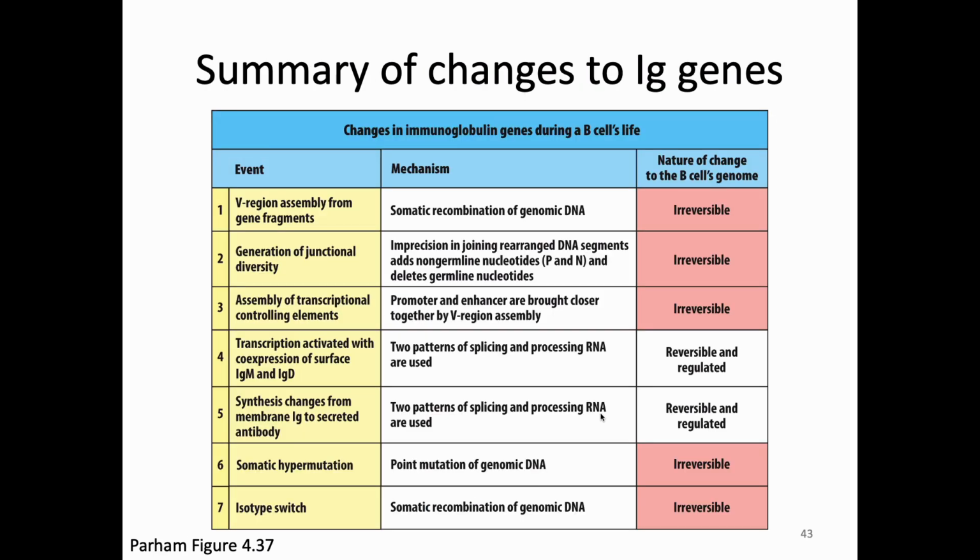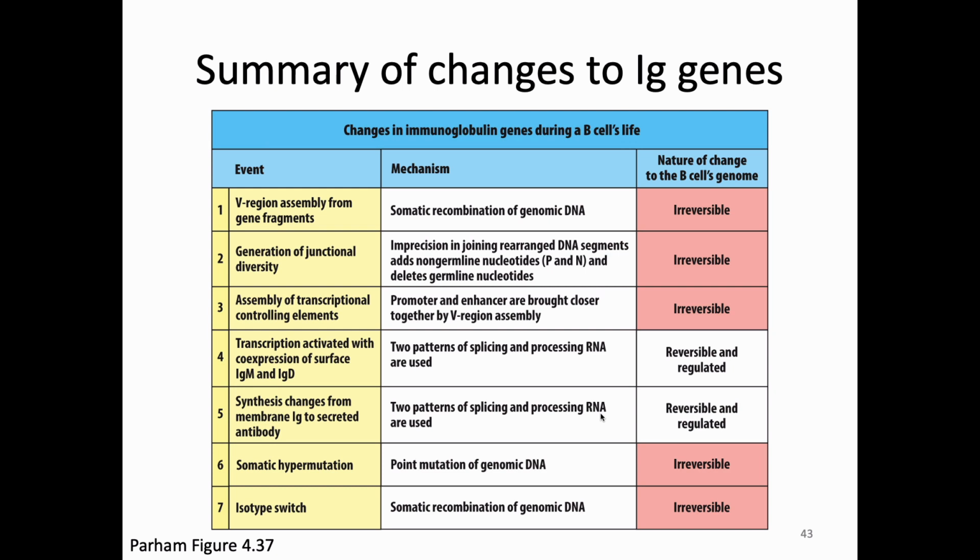And we can also generally summarize all of the potential changes that can happen to the immunoglobulin gene. So we have this irreversible change, because it's happening at the DNA level, that is involved in our VDJ recombination, which also changes the locations of promoters and enhancers. We have this irreversible change to the DNA that gives us P and N nucleotides, that gives us additional diversity.